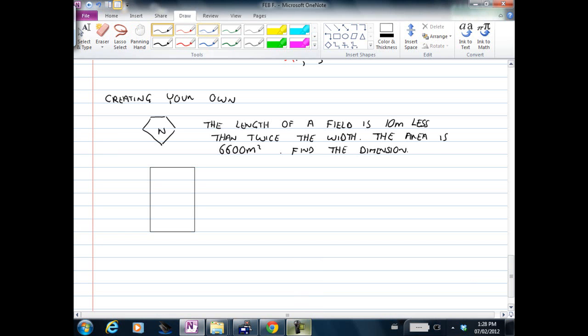I don't know what the width is, so we'll call it x. Now, the length. This side right here is twice the width minus 10. This goes back to Algebra, Math 9 and 10. Ruby, what's this equation going to be?